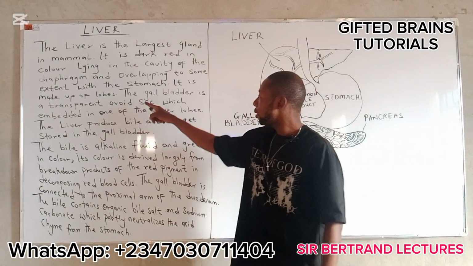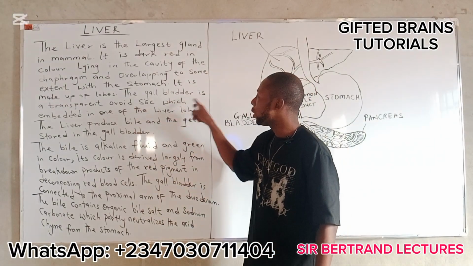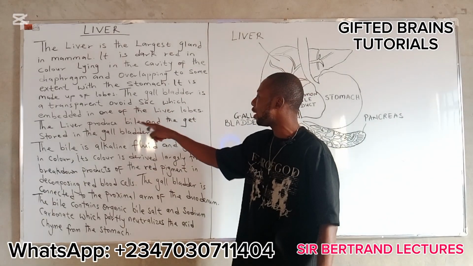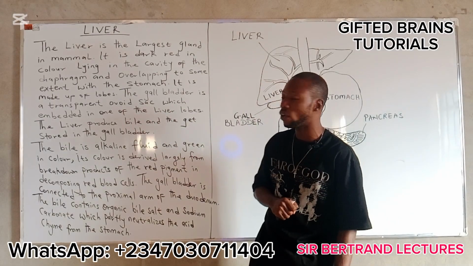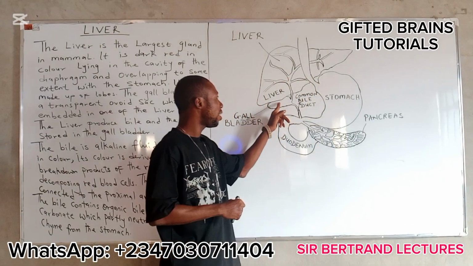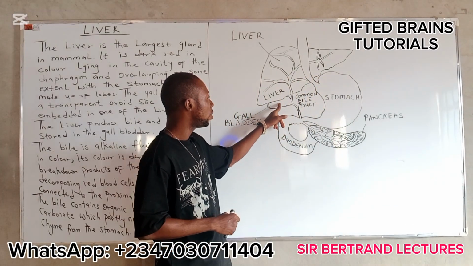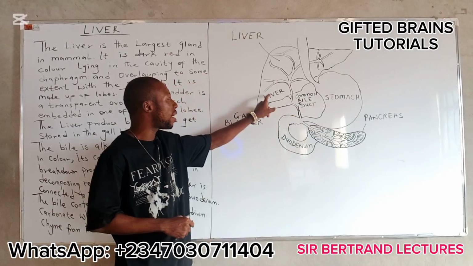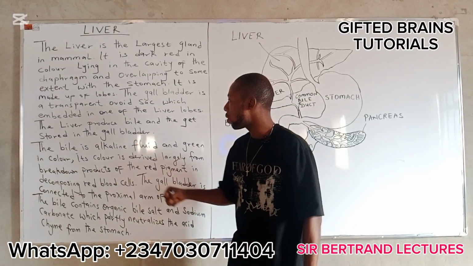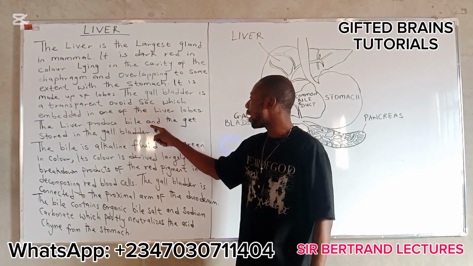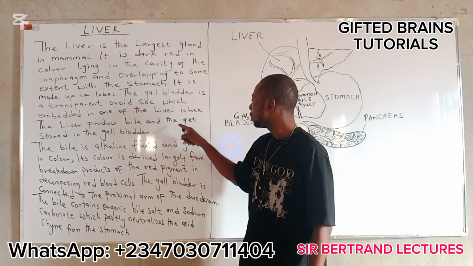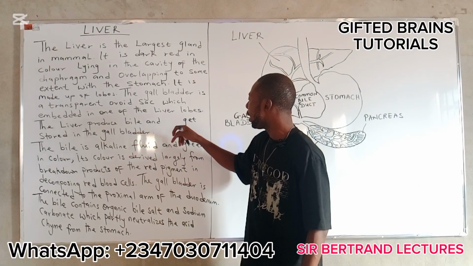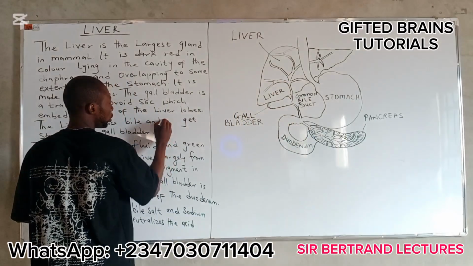Then we have the gallbladder, which is a transparent ovoid sac embedded in one of the liver lobes.